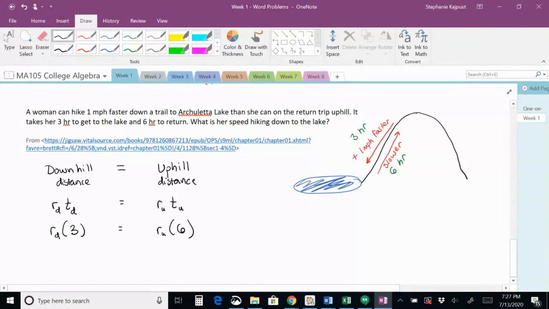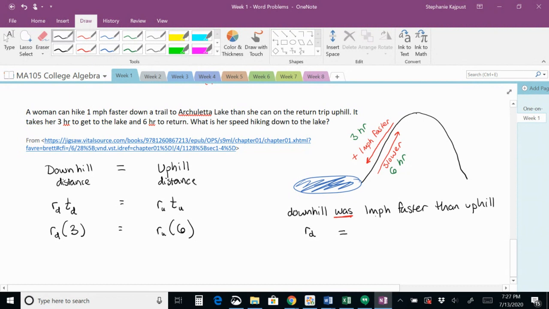So here's where we can actually write a verbal model. Downhill was 1 mile per hour faster than uphill. We're talking about the speed here. So the downhill speed is RD, and "was" is our verb, so that's where the equal sign goes.